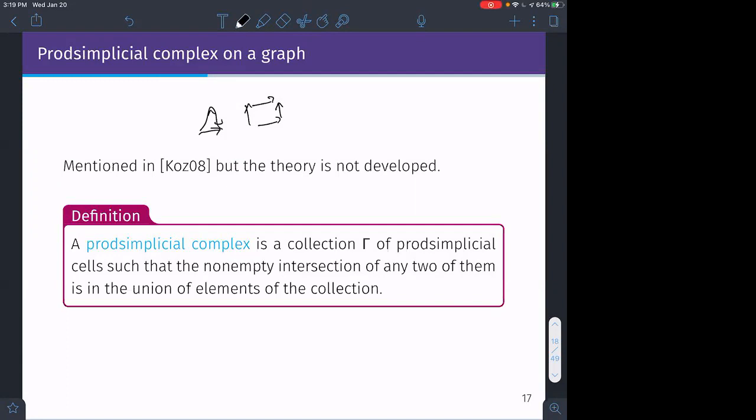And then someone told me, hey, these look a lot like prodsimplicial cells. So I started looking into it. This is the only reference I can find, and it doesn't really develop the theory. It just has a little 2 or 3 line excerpt, mentioned in a miscellaneous kind of chapter, and then is never mentioned again. So if anyone knows references, I would welcome those. Otherwise, I'm developing theory because, as far as I can tell, it's not really developed.